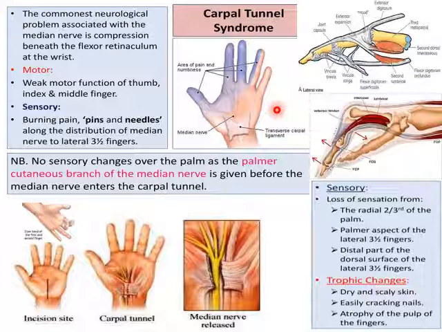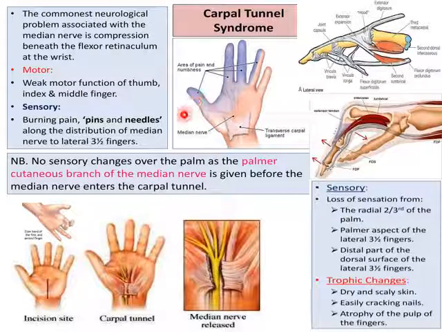So when such a compression is seen, what are the features seen in carpal tunnel syndrome? All that are supplied by the median nerve in the hand are affected. So all the thenar muscles along with the first and second lumbricals are affected.